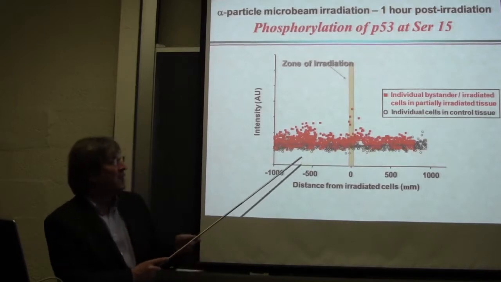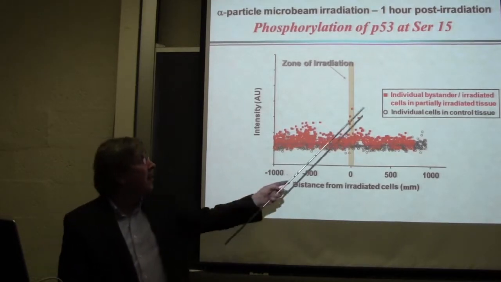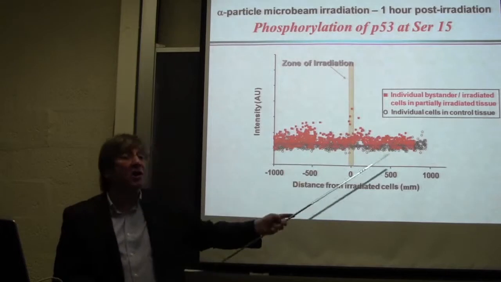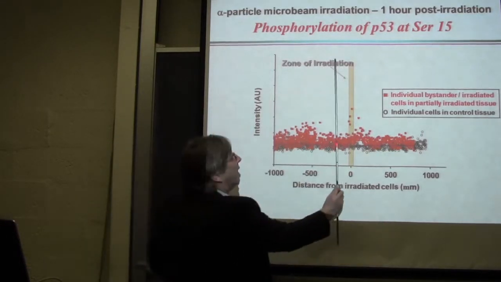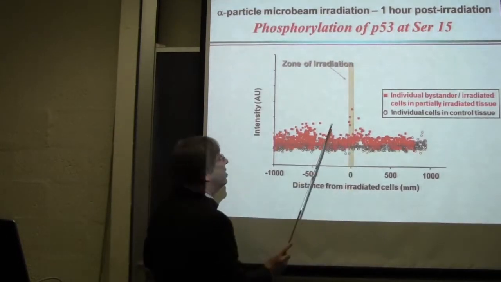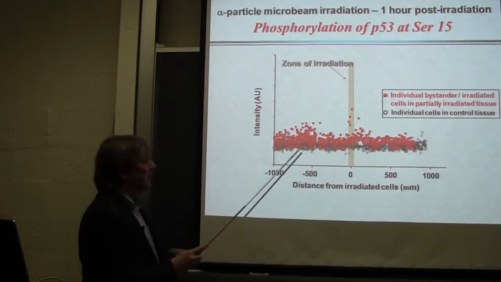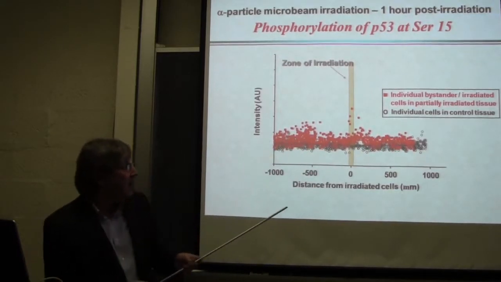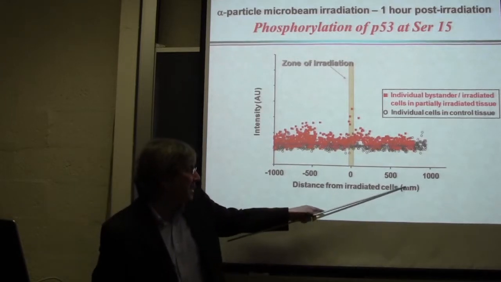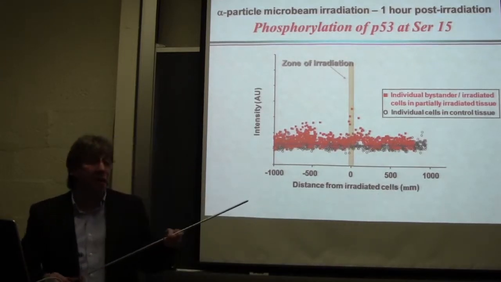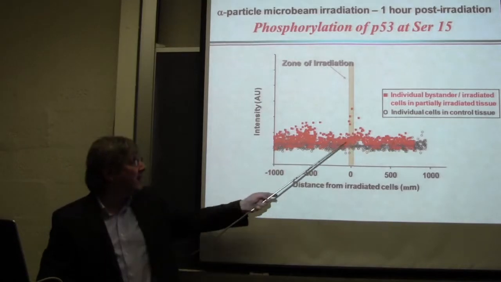The black points here are in control tissue, and the red points are in this partially irradiated tissue, where the only irradiation is right here. And you can see that the red points are higher than the black points in general, even 1,000 micrometers away from the irradiated region.